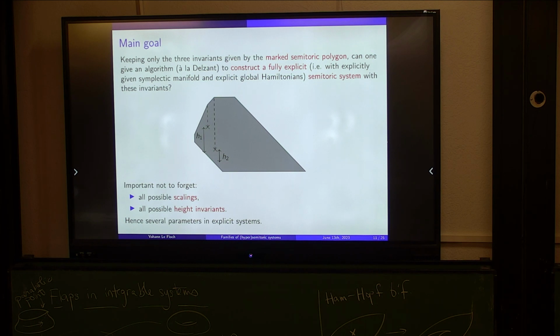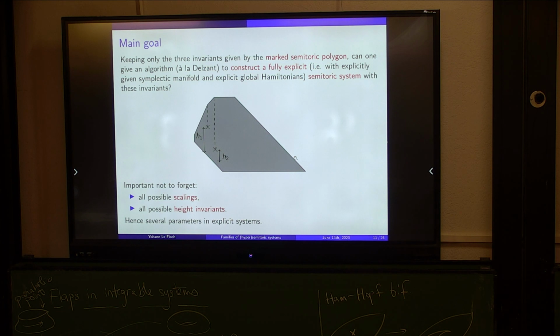I want to insist on something which is a bit stupid, but still I need to insist on it because I will show you some formulas and there will be a lot of parameters in the formulas. And don't be afraid, there are some good reasons. One of the reasons is that, again, I didn't have time to specify the coordinates of the vertices of the polygon here. But I'm not only interested in the shape, right? I'm interested in the precise scalings of the polygon.